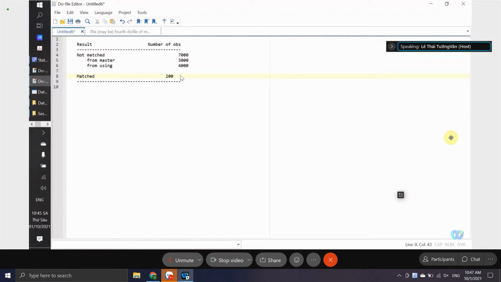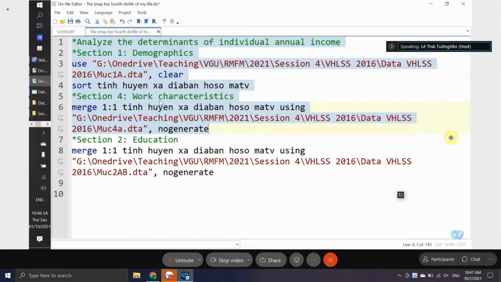What does it mean? There is something wrong with the data. If you are combining them and they cannot be matched, then you have to come back and say, I need to have more attention to the data.